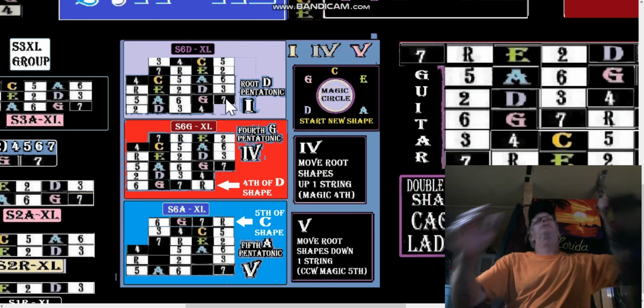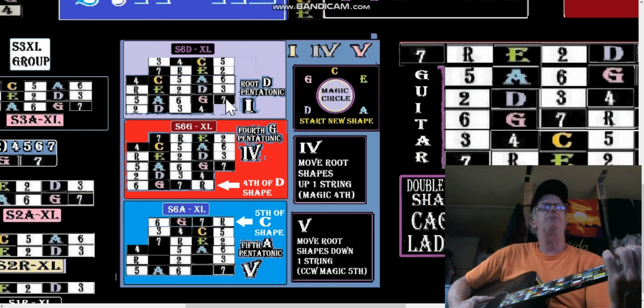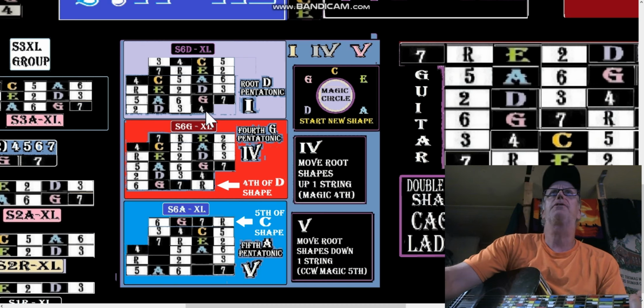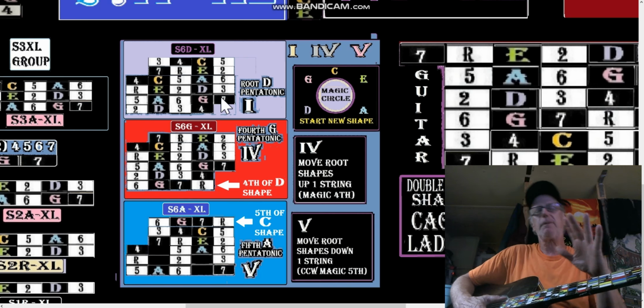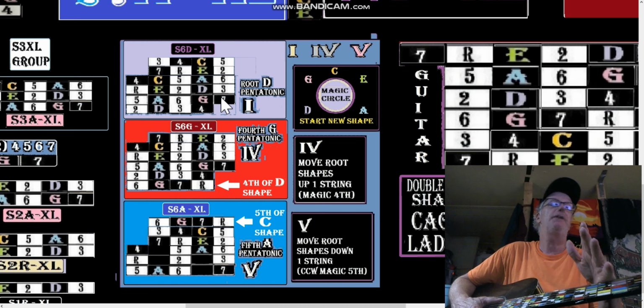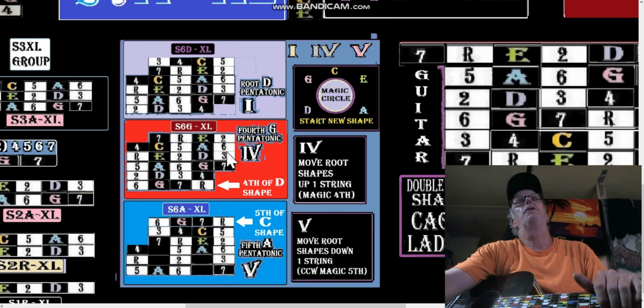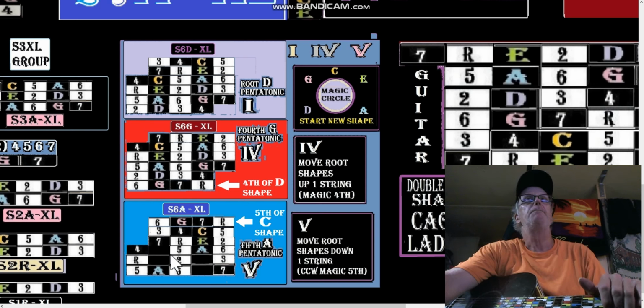So let's say that's what we're going to play, just a D shape and C, and we're going to do it pentatonic. So the notes that are blackened with numbers are the 4th and the 7th. We're not going to play that. There's a reason why we're not going to play those. Because when we get to doing the 4th and the 5th, we're going to want to play pentatonic.